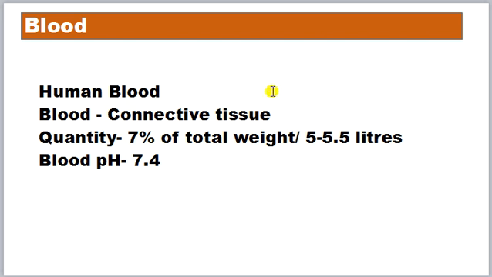So in this slide, we have to remember that blood is a connective tissue, its quantity is around 7% of the total body weight or 5 to 5.5 liters, and its pH is around 7.4. It is usually asked in SSC and other government exams what the pH of blood is, so it is around 7.4.